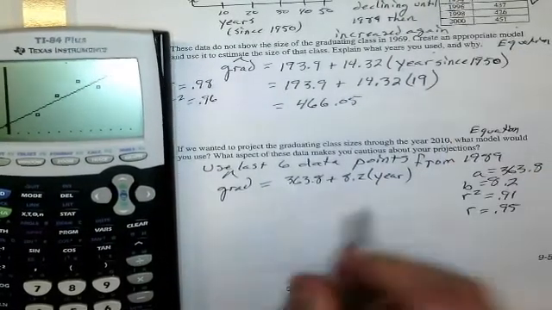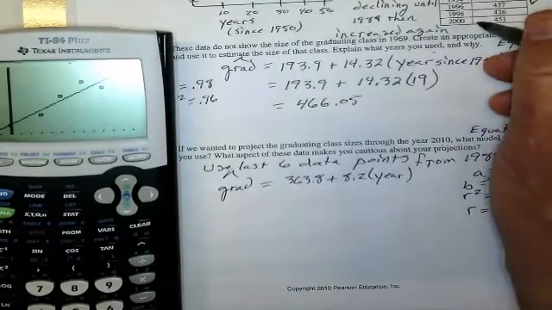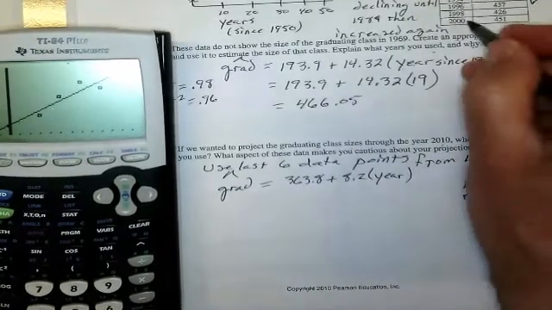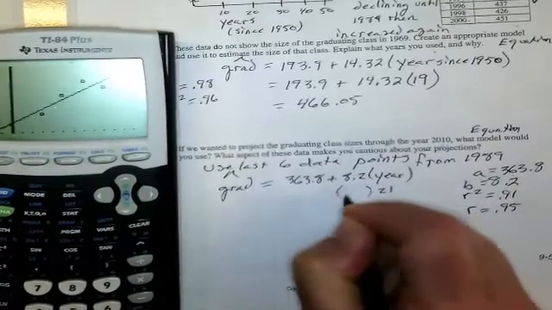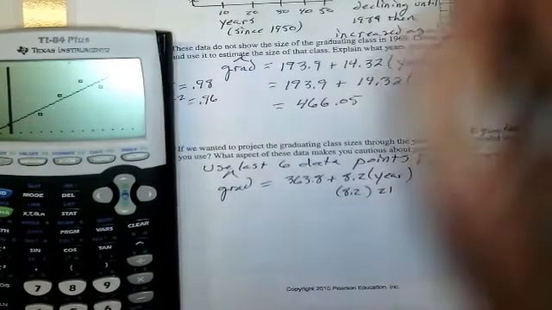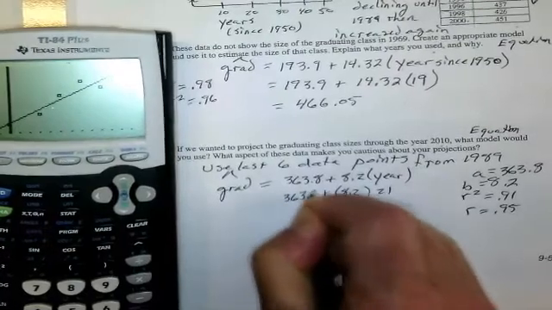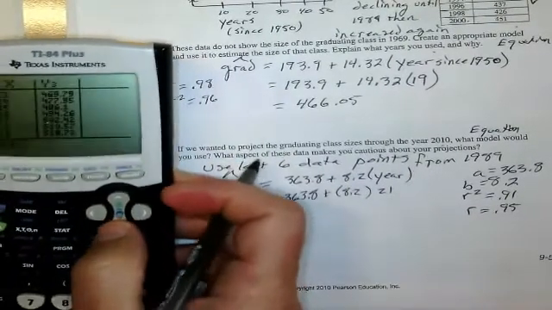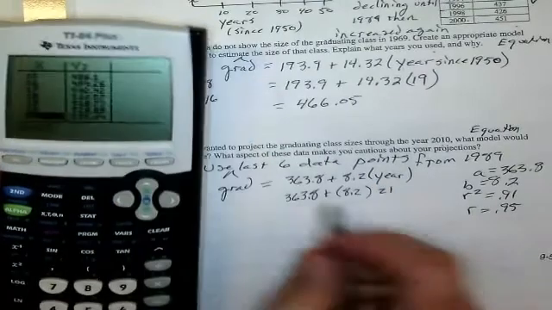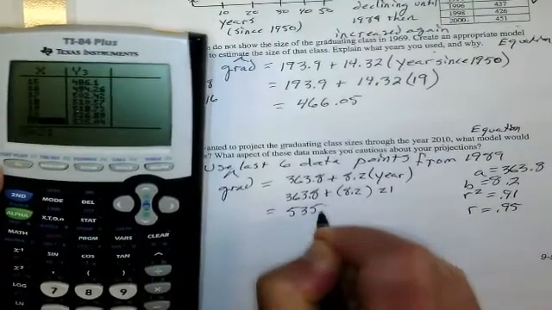And we substitute in 2010. This is 11, so it would be 21 years since then, times 8.2. Again, if you use the regular years, this will still work, plus 363.8. In the second table, I want to go to 21, and so that's going to be 535.04.